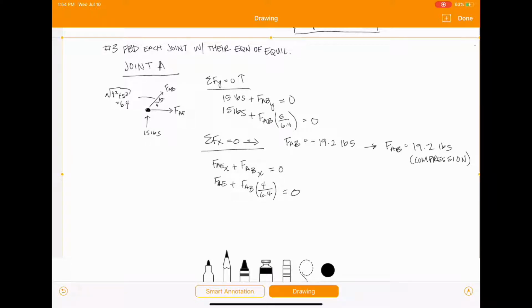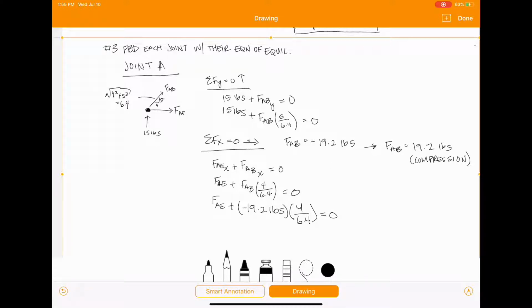Now, we know what FAB is, so FAE plus FAB is a negative 19.2 pounds, because it's opposite of this picture that we drew here and wrote our equation off of, so we have to plug this in as a negative 19.2 pounds times 4 over 6.4 equals 0.